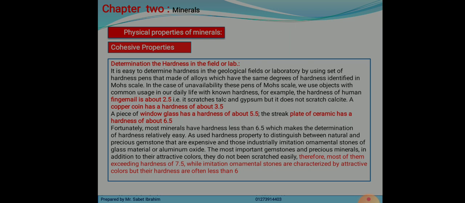Window glass has a hardness of 5.5. Ceramic, or a plate of ceramic, has a hardness of 6.5. So most minerals have hardness less than 6.5, which makes the determination of hardness relatively easy.